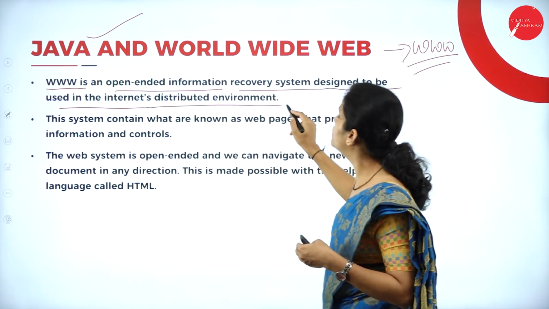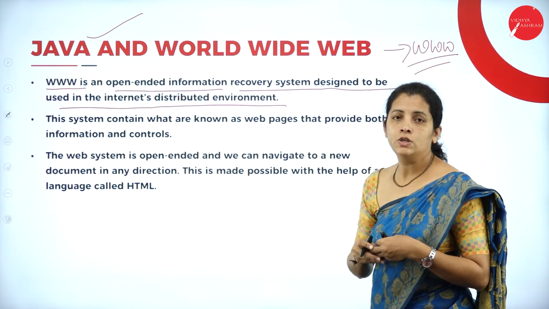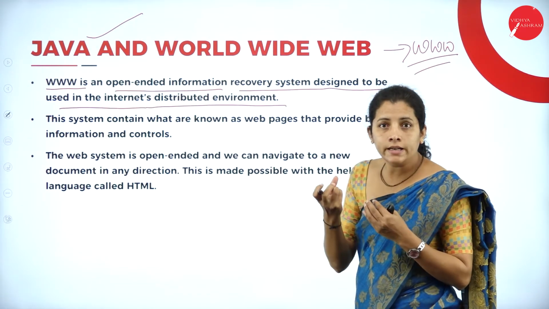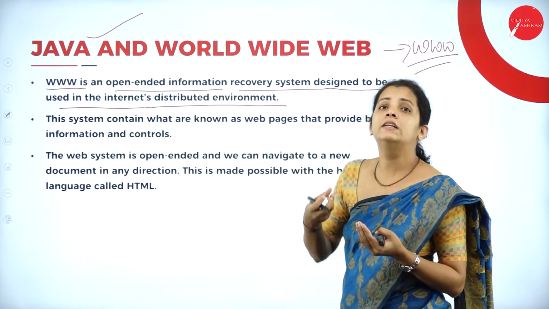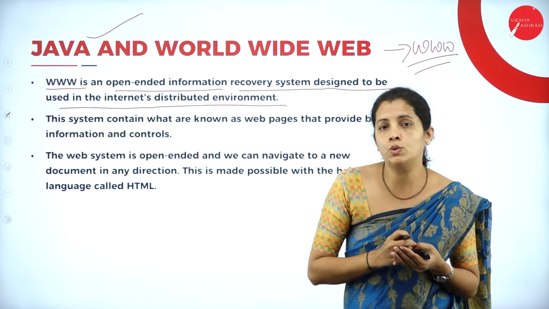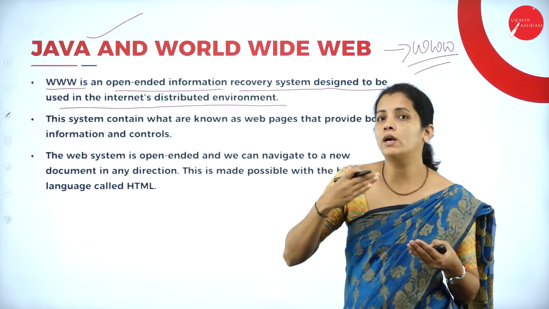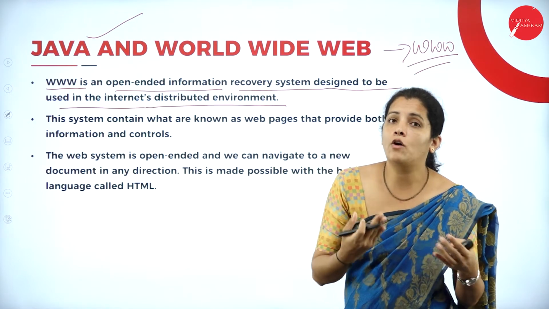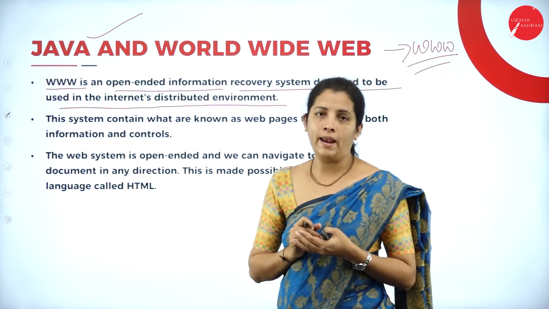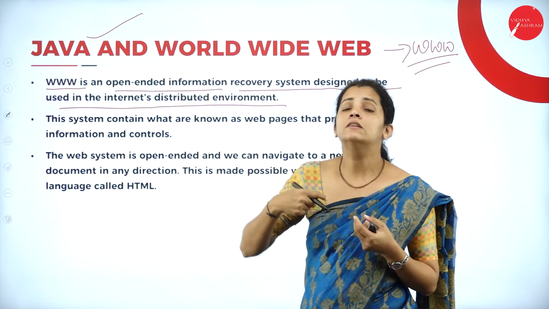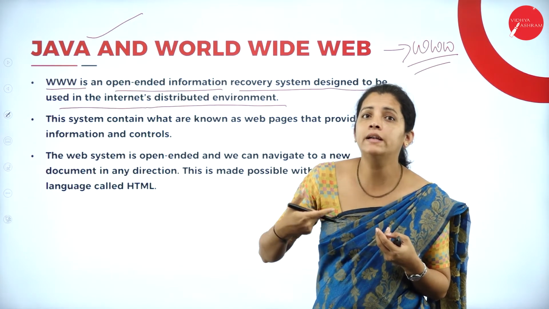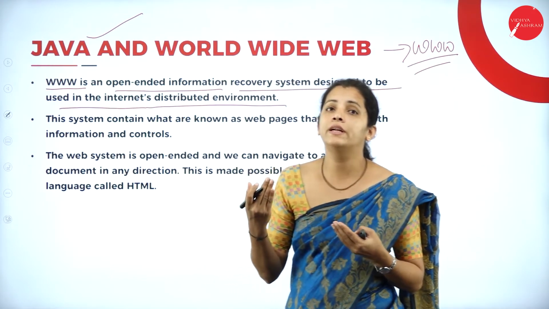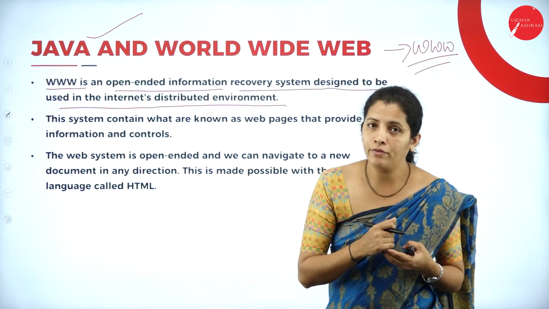Internet's distributed environment. When I talk about internet, what is internet? It provides the distributed environment to the user. Then what is distributed? Here, distribution of work or distribution of platform. That means the things happen in different places and on different platforms.